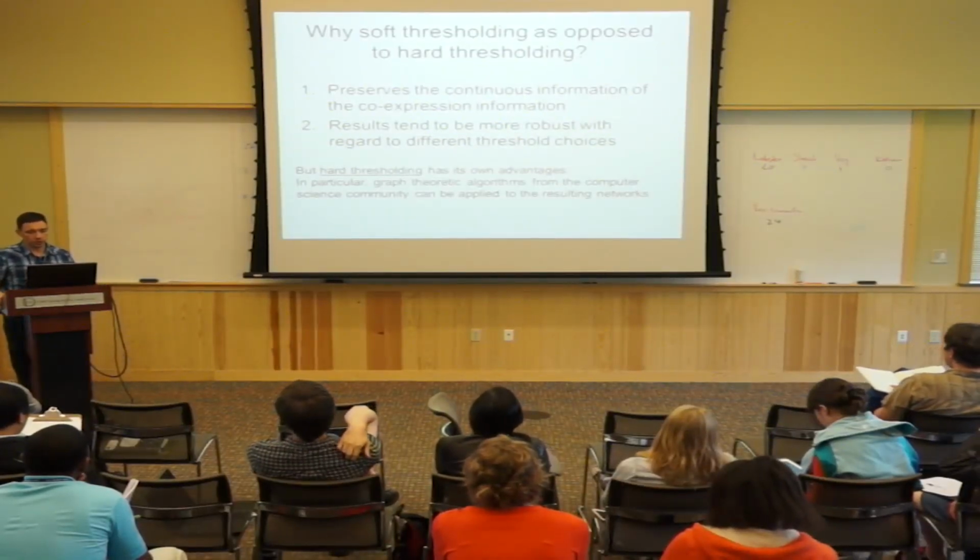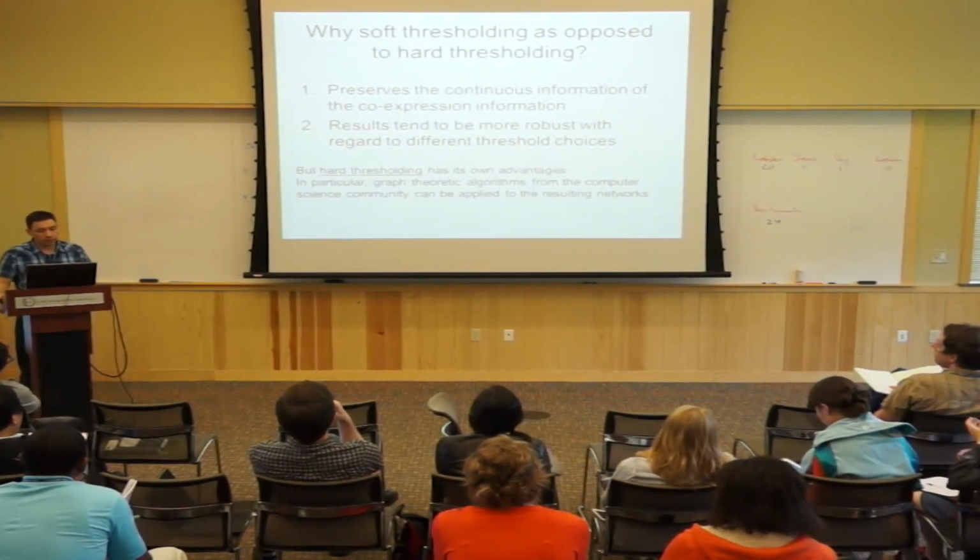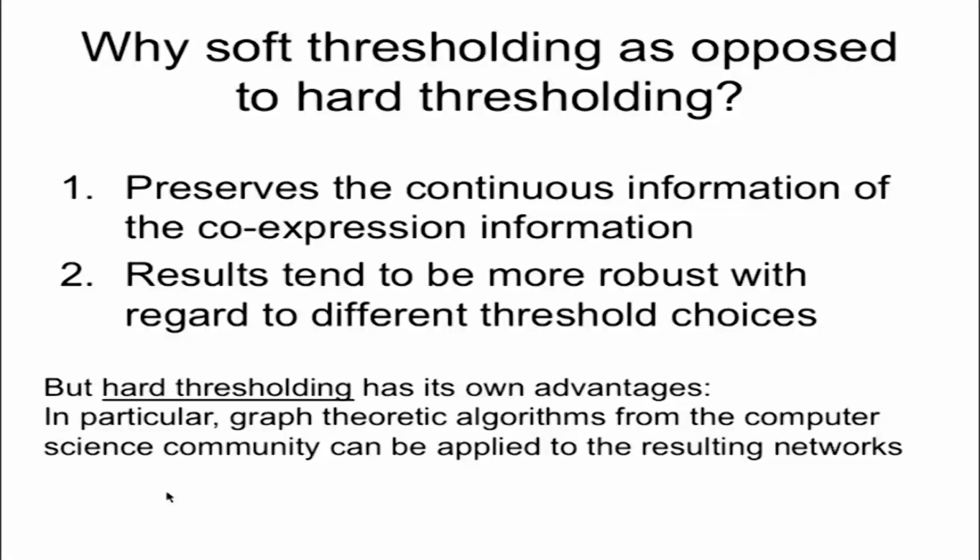Why soft thresholding as opposed to hard thresholding? Well, soft thresholding preserves the continuous information of the co-expression, right? We don't threshold it at 0.8. We keep it continuous. And also, there's strong empirical evidence that the resulting networks are more robust with regard to threshold choices.